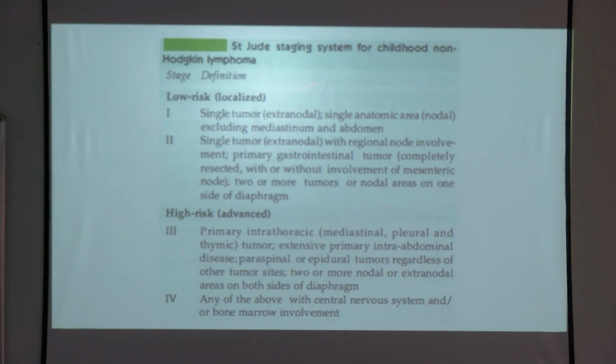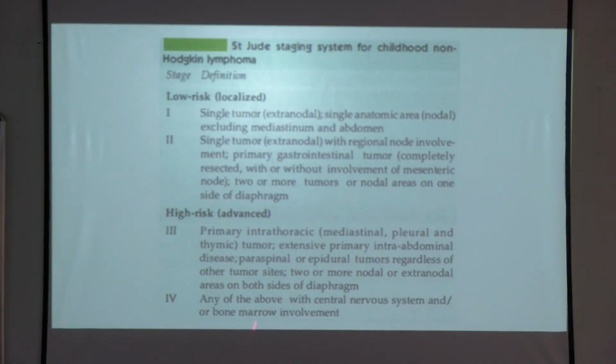সেখানে আমরা যেটাকে localized বলছি তার দুটো staging, 1 আর 2, যেটা high risk তার দুটো staging, 3 and 4. Low risk shows a single tumor, single anatomic area, nodal, excluding mediastinum and abdomen. Stage 2 is a single tumor with regional involvement, like primary gastrointestinal tumor with or without involvement of the mesenteric node.